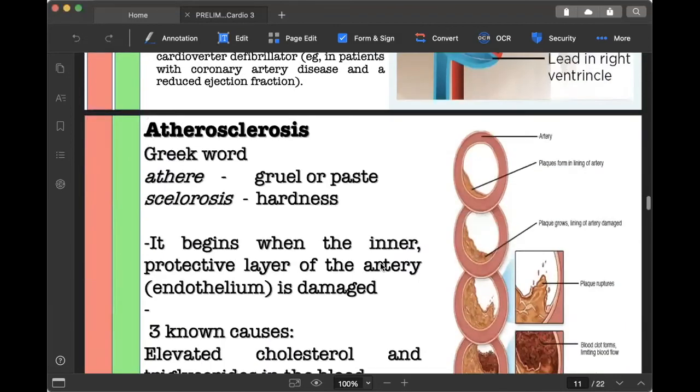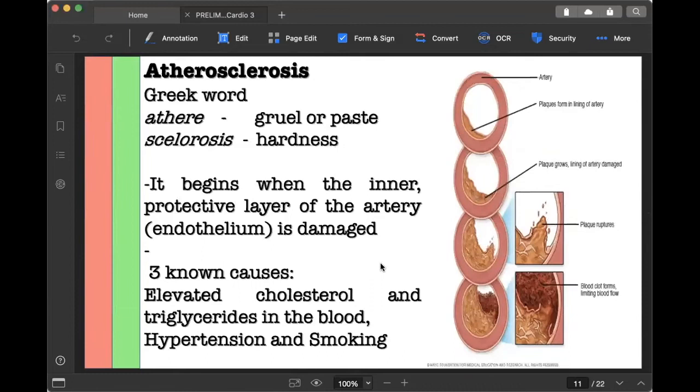Moving on to atherosclerosis. It is from the Greek words athero, which means gruel or paste, and sclerosis, which means hardness. It begins when the inner protective layer of the artery, what we term the endothelium, is damaged.